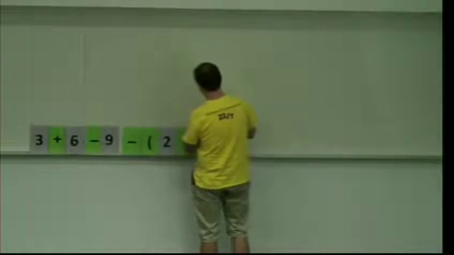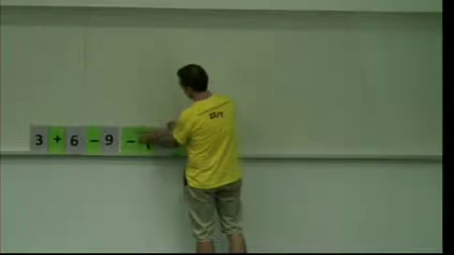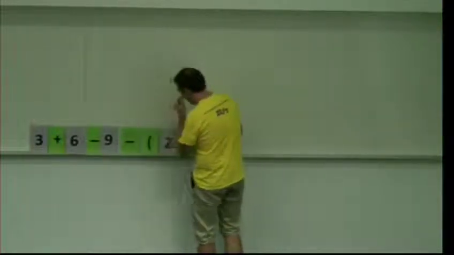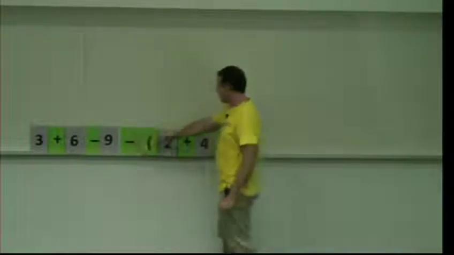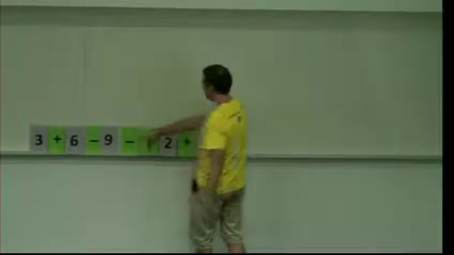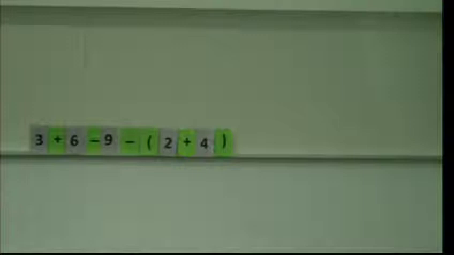and say I'm actually going to break apart this fact that this bracket is holding things together. If I want to do that, then this minus is going to attach itself to both the 2 and the 4. Those brackets mean that the minus belongs to both of them, so that's what I'll do.